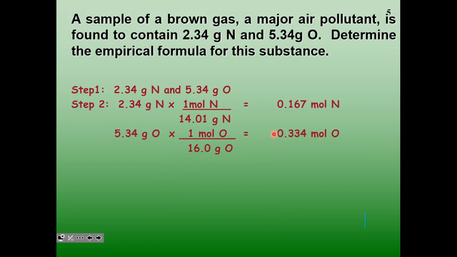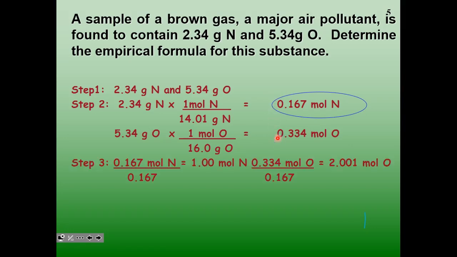So step three, pick the smallest value, okay? So which one of these numbers is smaller? It's 0.167, right? And then divide each of your quantity of moles by that smaller number, okay? So for nitrogen, 0.167 divided by 0.167 gives us 1.